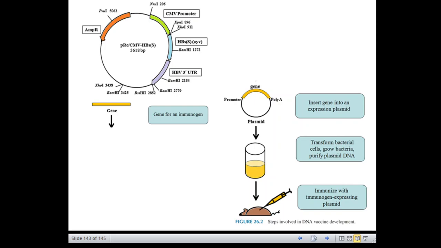Number one, the antigen expression unit, composed of promoter or enhancer sequences, followed by antigen coding and polyadenylation sequences. And number two, the production unit, composed of bacterial sequences necessary for plasmid amplification and selection.